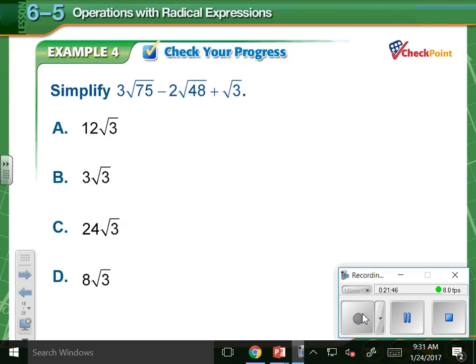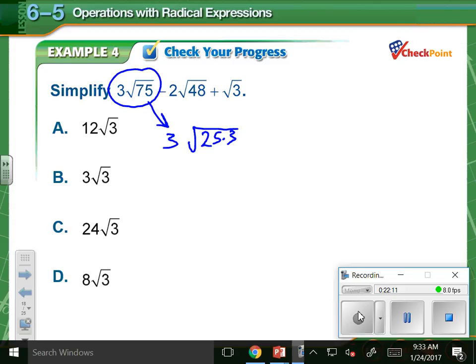Practice this one. What's a perfect square that's a factor of 75? 25 times 3.